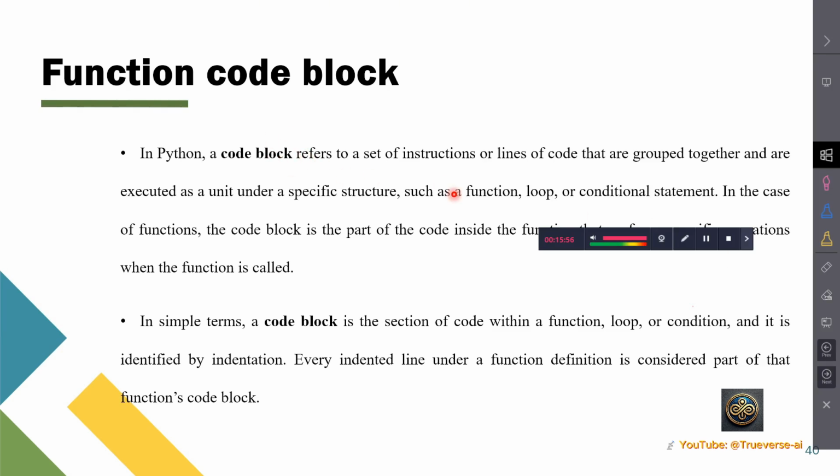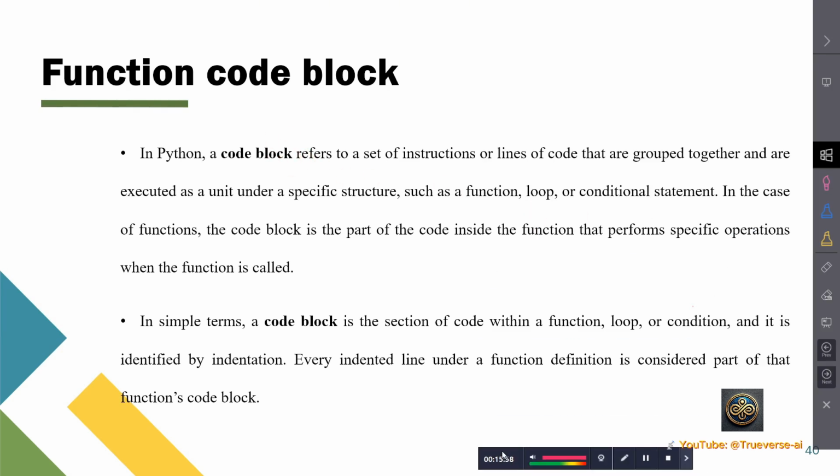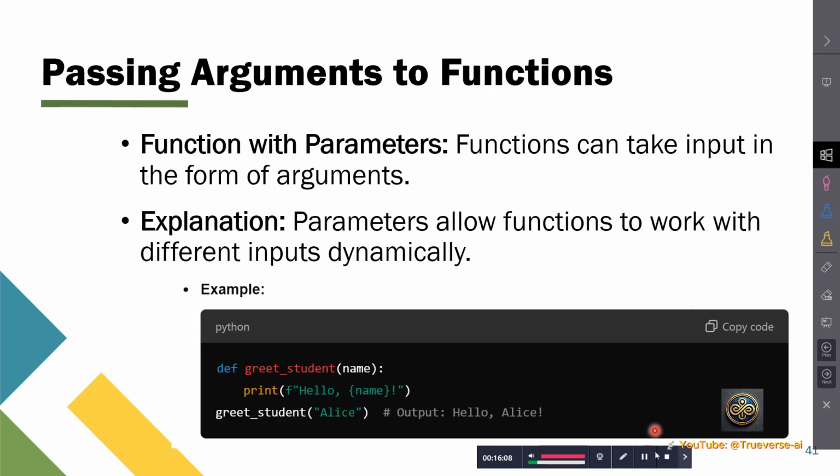So the code block, I already explained what it is. You can pause and read. To save time, I pass. The argument, which I already mentioned, is the input.